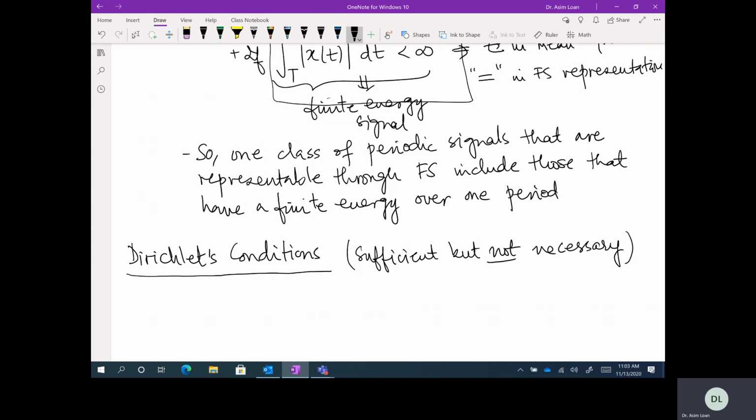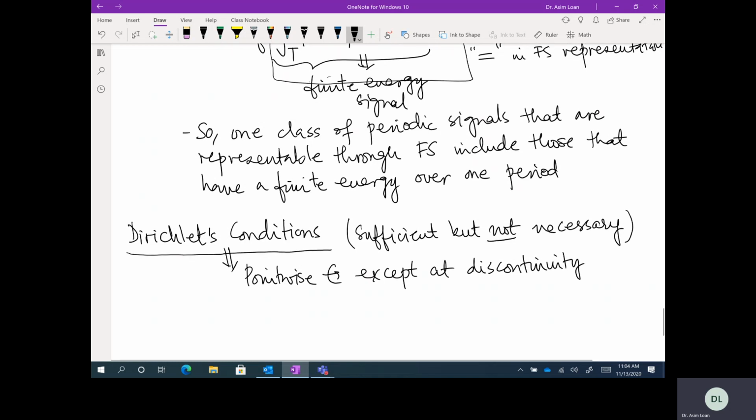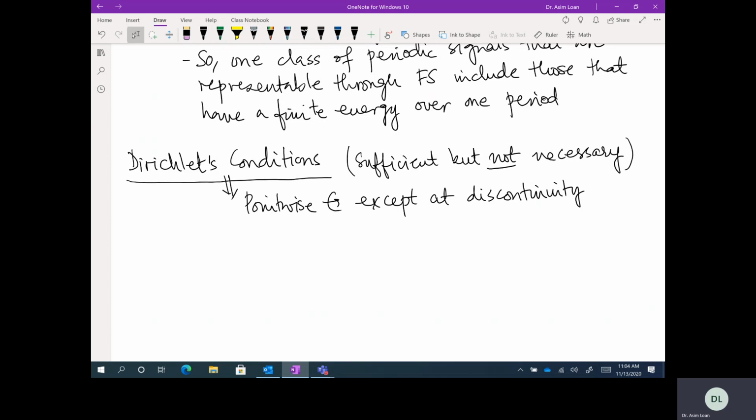These imply pointwise convergence, except at discontinuity. And pointwise convergence we have already specified above.